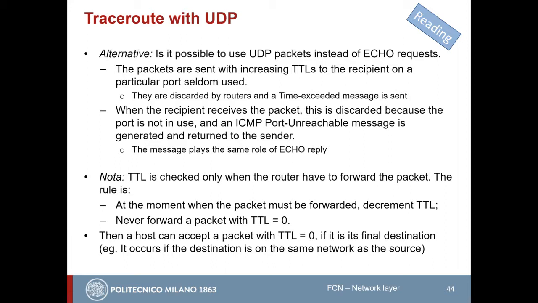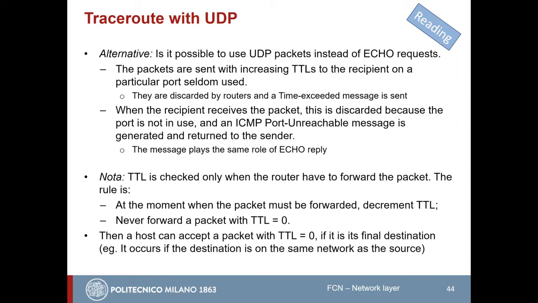There is also another trick, which is to set the UDP destination port to a value that is usually not used, so that at the last hop, when the packet arrives at the destination, it will discard the UDP segment, but it is obliged to send a port unreachable message. So that is ICMP.